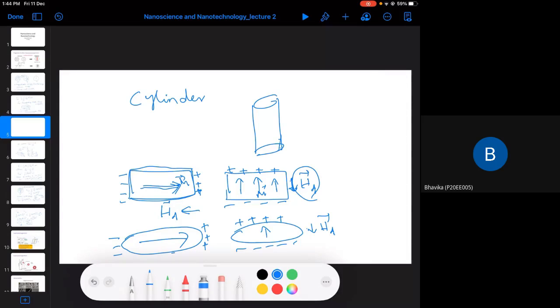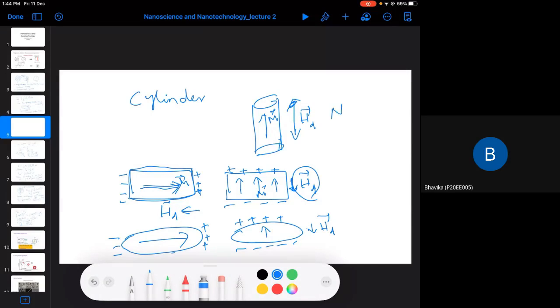If you take an ellipsoidal ferromagnet, the magnetization typically will prefer to lie along the long axis of the ellipsoid. Similarly in the case of a cylinder, M would also prefer to lie along the cylinder axis rather than the radial direction, because Hd will be minimum in this orientation.